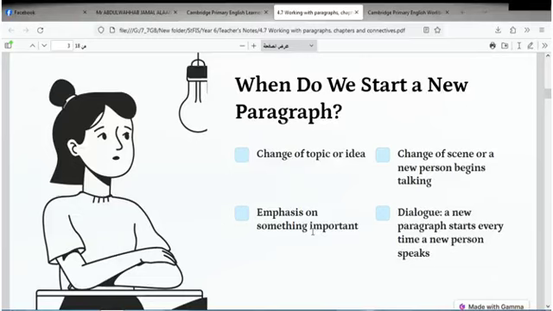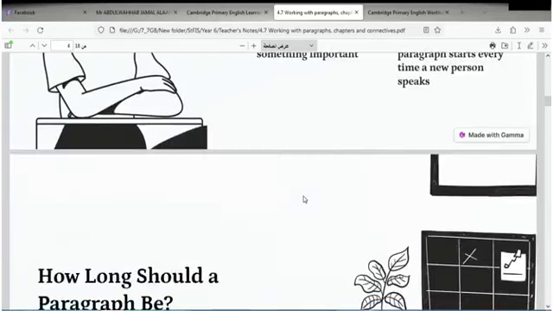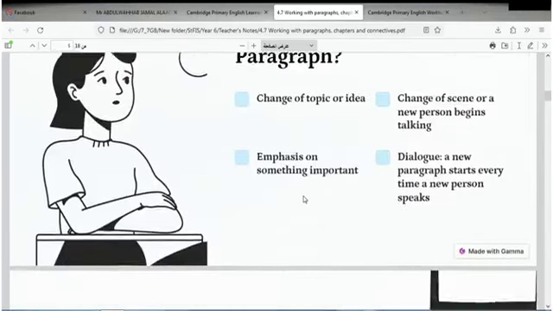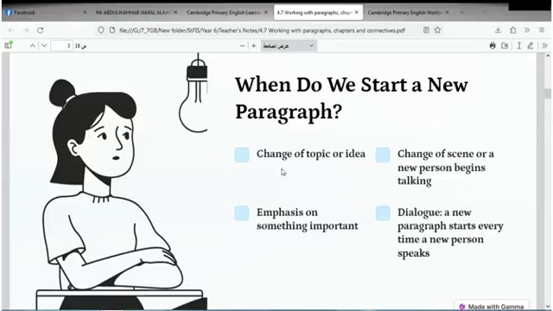When I am changing the tone, changing the mood, excuse me, I started my story happy and then I moved to a sad mood, I have to change the paragraph. I use the word suddenly, I have to change the paragraph. So, changing paragraphs is related to what?